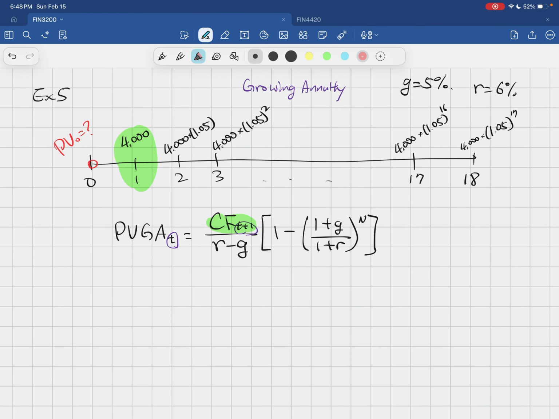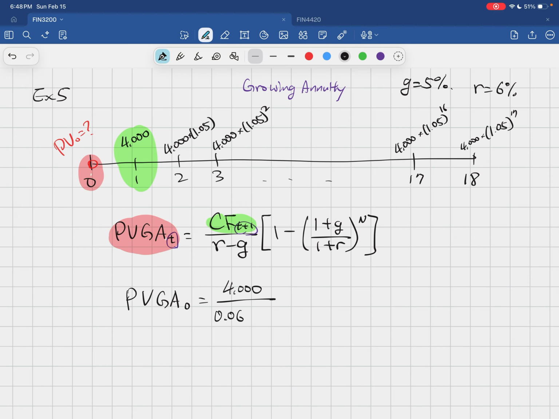This means whatever value you get from this formula will be in time 0, just one period prior to the first cash flow. So PVGA at time 0 is the first cash flow, which is $4,000 over R minus g.